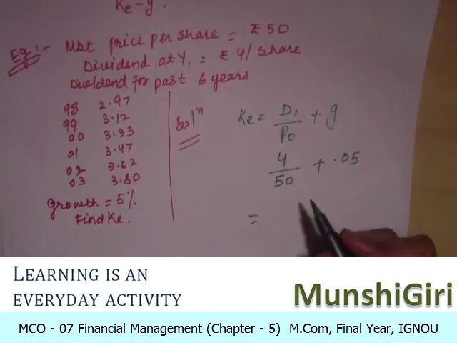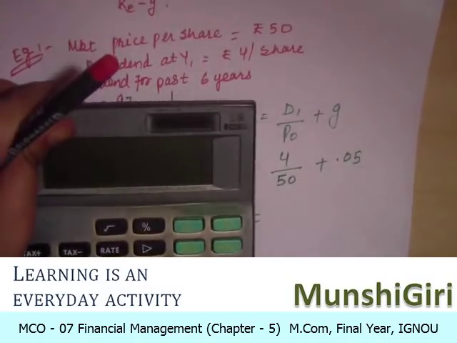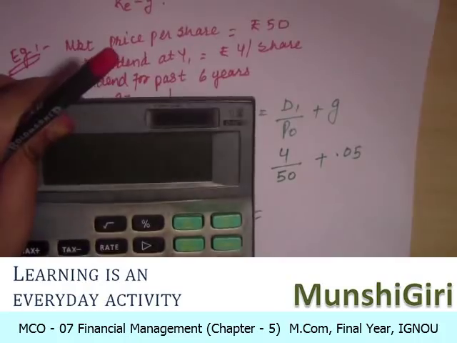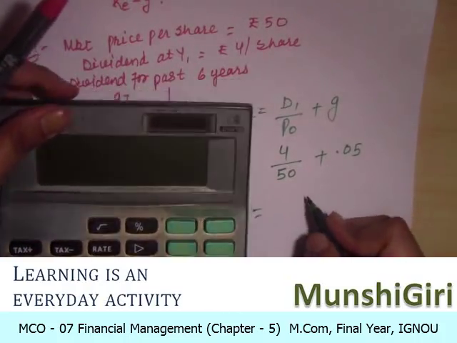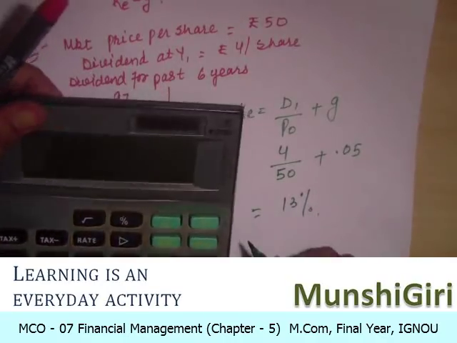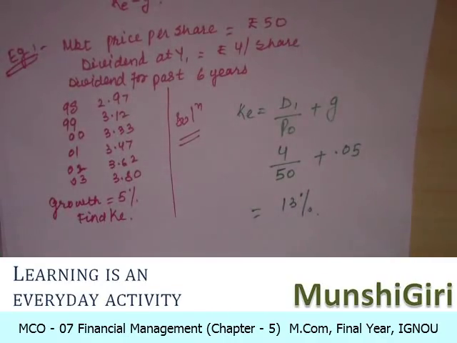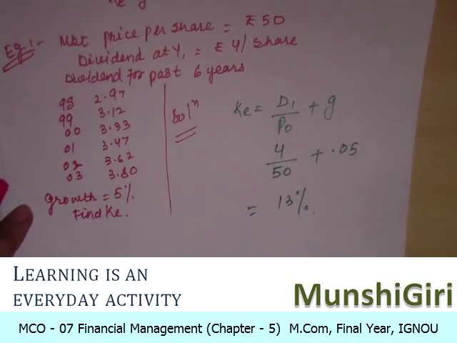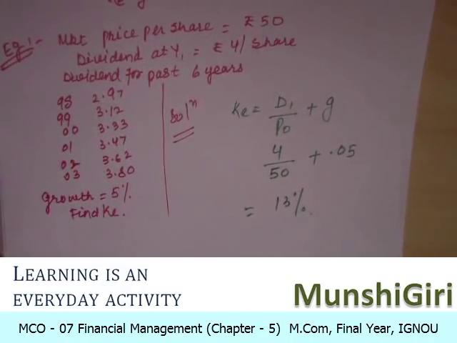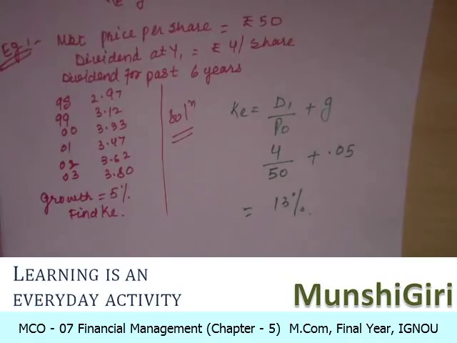So this is 4 divided by 50 plus 0.05, into 100, which is 13%. So the past dividends given in the question are irrelevant for us in case we are calculating with the dividend payout plus growth rate method. Next is the capital asset pricing model.